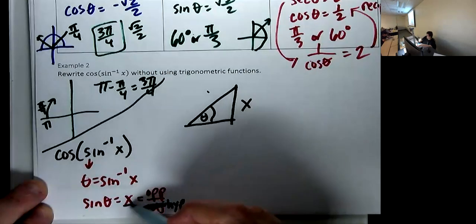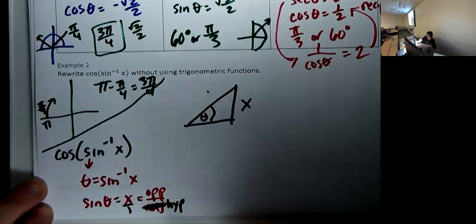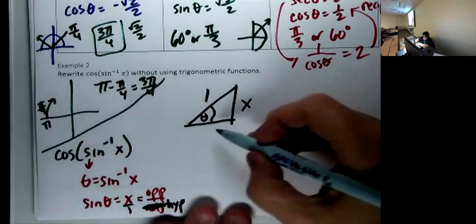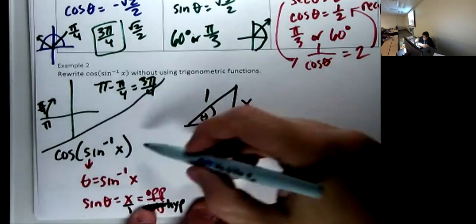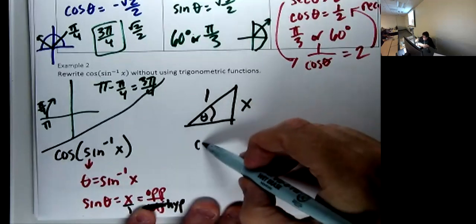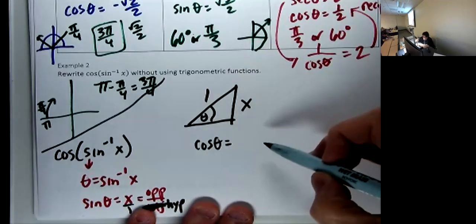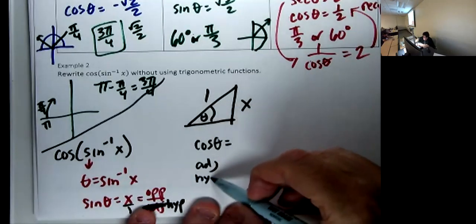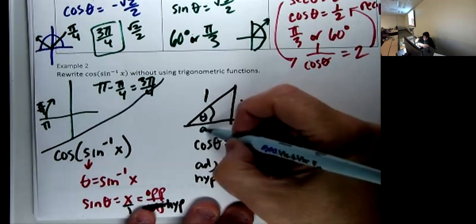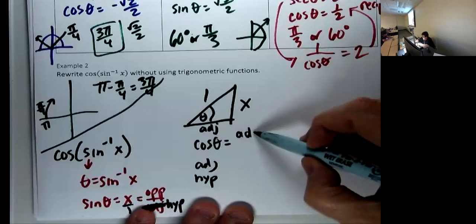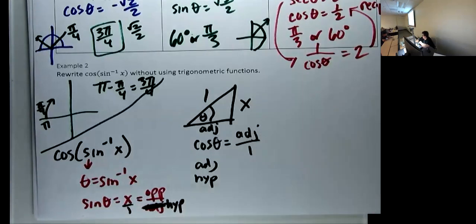If we don't have a denominator, we give a denominator 1. I want the cosine of that angle, so cosine of theta is going to equal, well, cosine is adjacent over hypotenuse. This side is the adjacent side of that angle. So I need adjacent over 1. How can I find the length of the adjacent side?